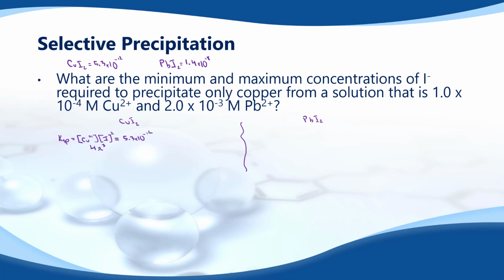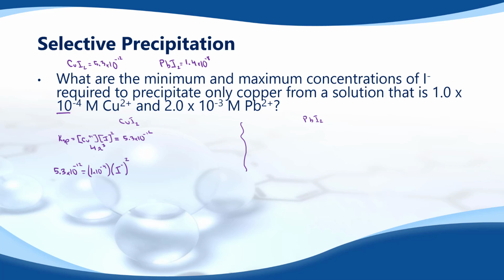Copper we were already given here, so I'm going to have 5.3 times 10 to the minus 12 equals 1 times 10 to the minus 4th times the concentration of iodide squared.